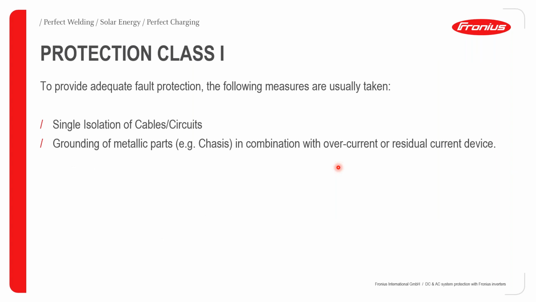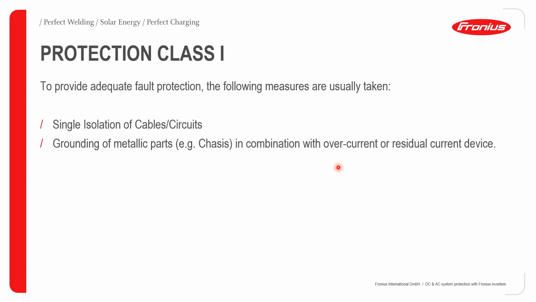Looking deeper at class 1, this should be able to provide adequate fault protection, and therefore the following measures are usually taken. We have a single isolation of cables or circuits. Then you have grounding of metallic parts, e.g. the chassis of an inverter or any other electric equipment.